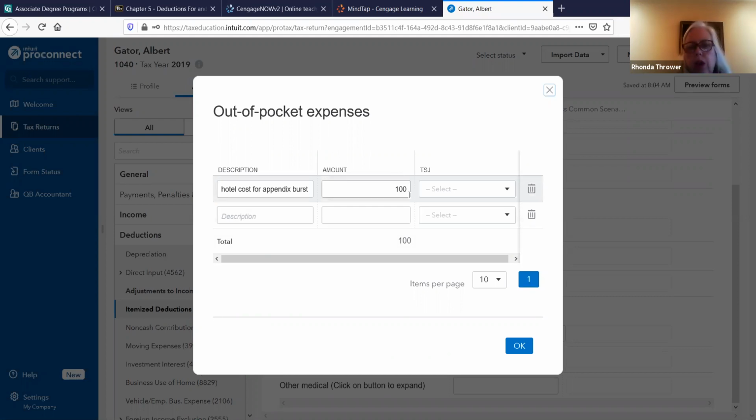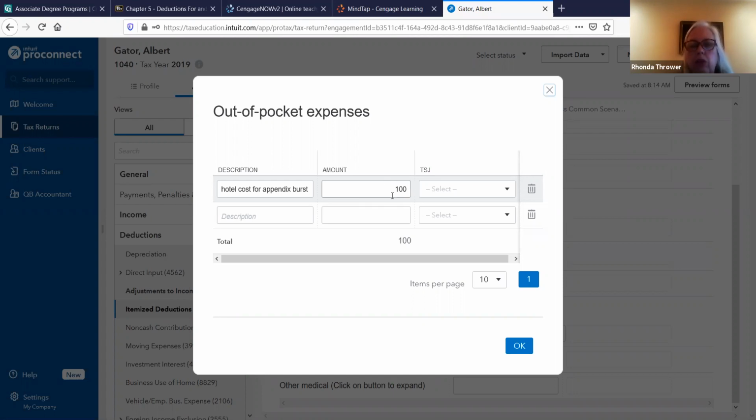Now you have to know the tax rules, and the tax rules are stated in this chapter about hotel cost for out-of-pocket medical expenses. And so they limit you to $50 per night. And since Allison stayed 2 nights in a hotel, the total of 50 times 2 is $100. That's all we're able to deduct for that.